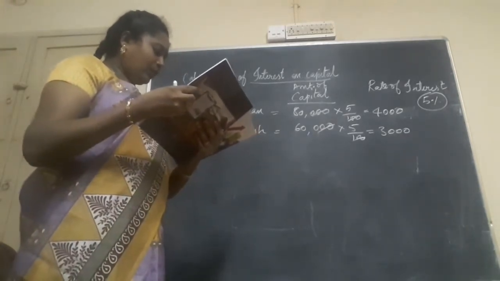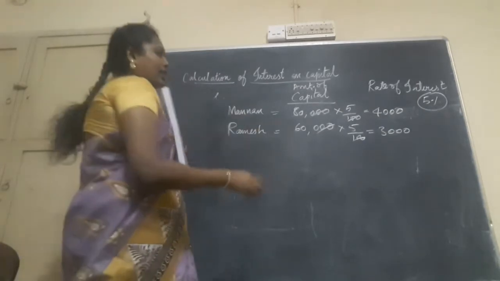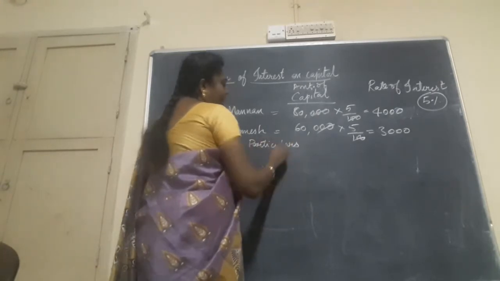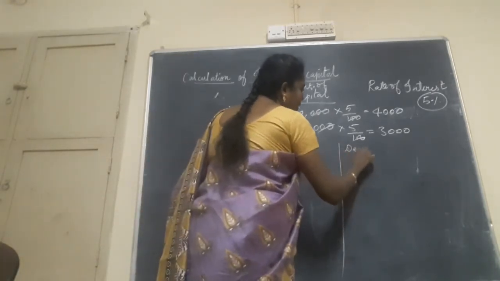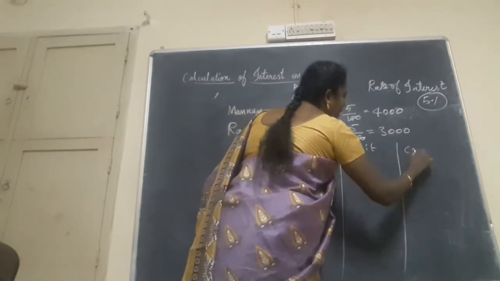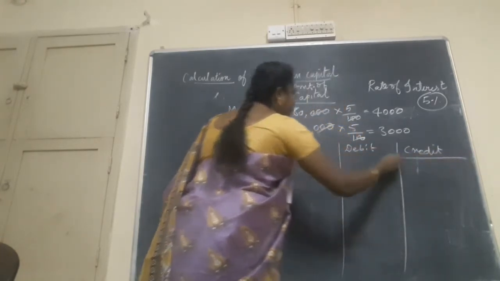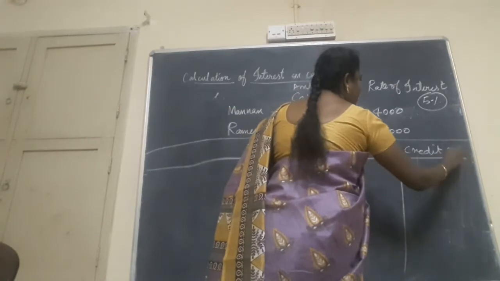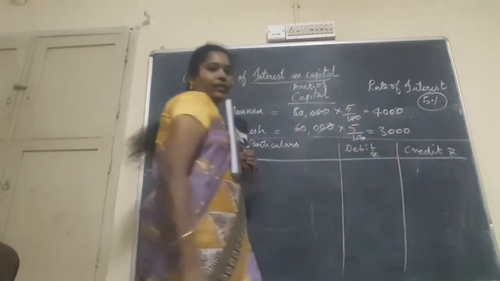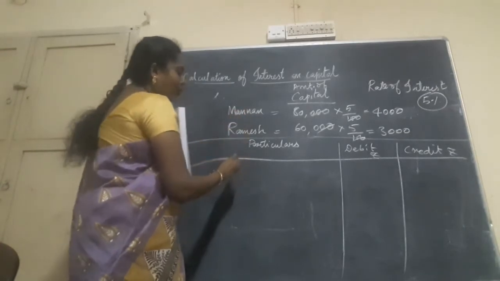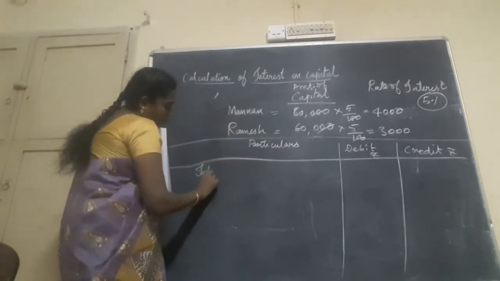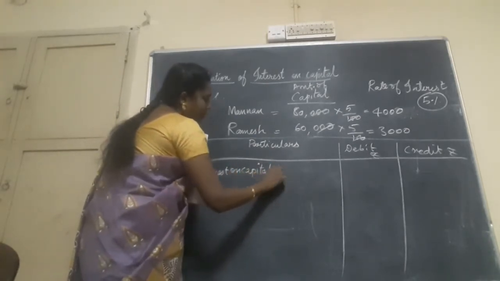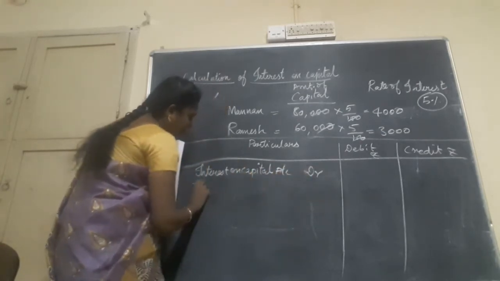So now we are going to do the journal entry. Particulars, debit, credit, rupees. First, interest on capital account debtor, to partner's name.